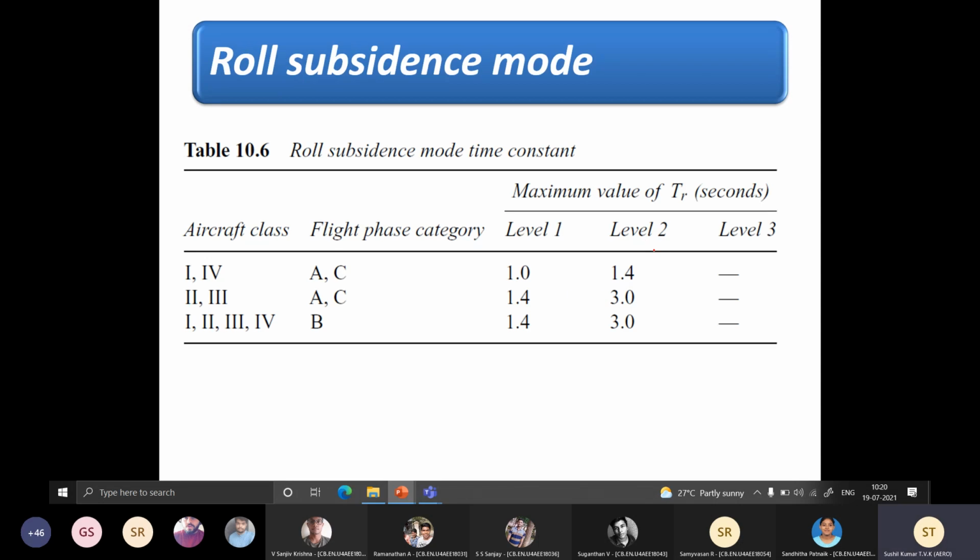Roll subsidence, it's a first order system. Naturally, you will describe a first order system with the help of some time constant. So you will find time constants here.